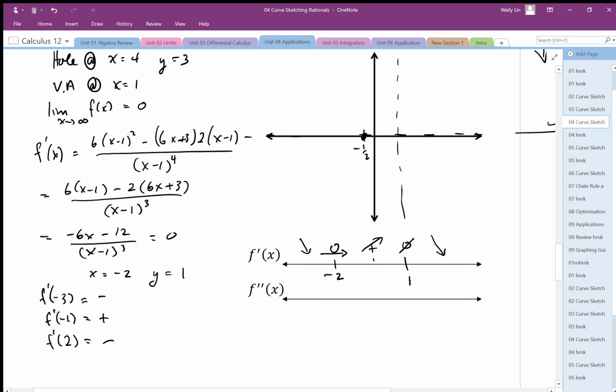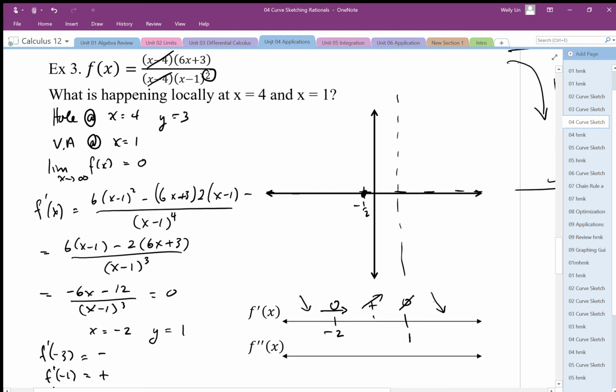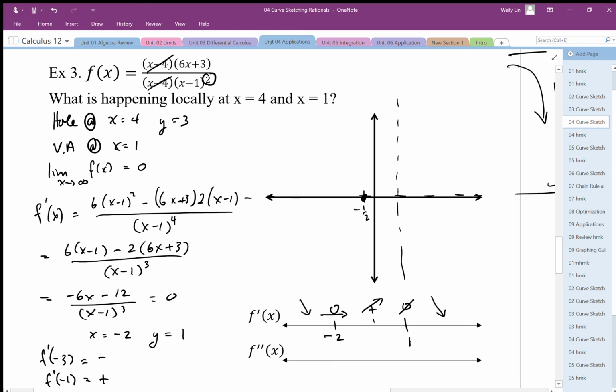So when I graph this then, I've got my coordinate here. I've got at negative 2, negative 1, or negative 2 and positive 1. Is that true? Let me just double check. Negative 2 is going to give me negative 12, plus 3 is negative 9, divided by 9, that should be negative 1.